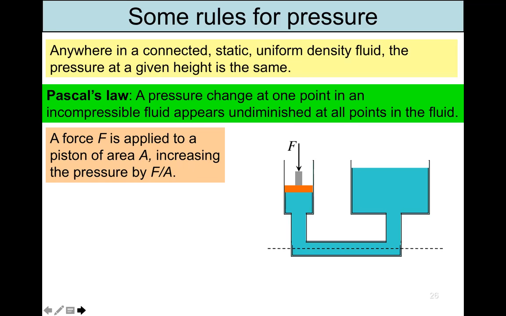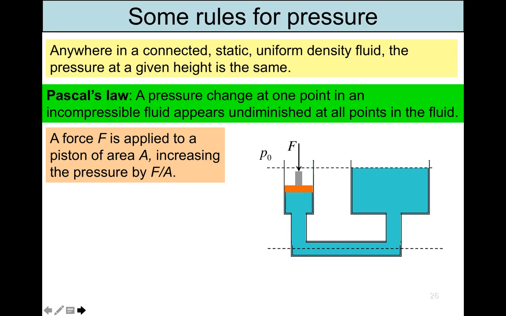Pascal's law will say that this increase will appear anywhere inside the fluid. Because when you press down on the left-hand side, you're squeezing some of the water to go up higher on the right-hand side. So eventually at the bottom, you're still looking at the left-hand side of the bottom and the right-hand side of the bottom at the same pressure.